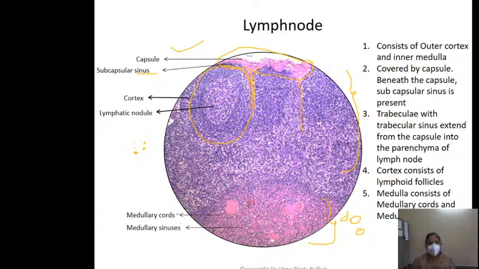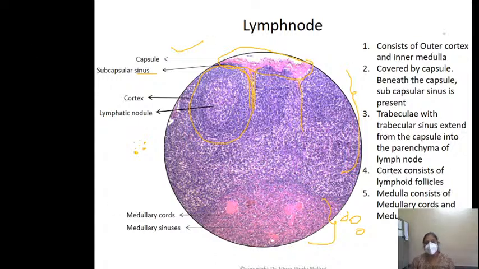These are called the medullary cords, and these lymphoid sinuses are called the medullary sinuses. From the center you see one efferent vessel, a lymphatic vessel. The lymph node receives lymph from many afferent channels, but from each lymph node one vessel comes out, the efferent lymphatic channel, and it comes out from the hilum of the lymph node. That is the structure of the lymph node.